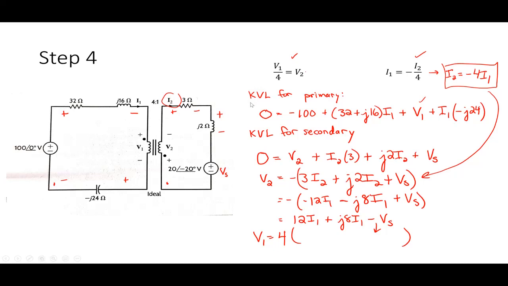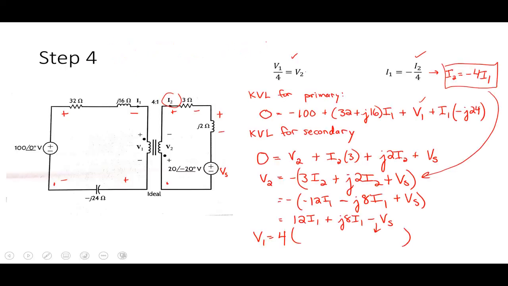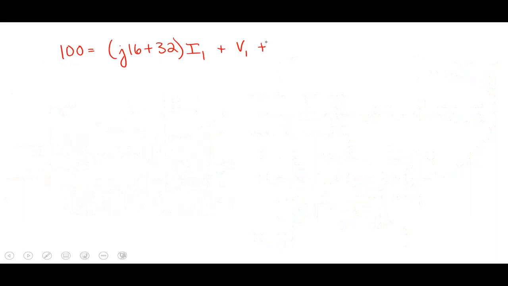So I'm going to go to another slide here. So my first equation was 100 equals j16 plus 32 I1 plus V1 plus or minus j24 I1. Just make sure it's j24. Yep. Okay.